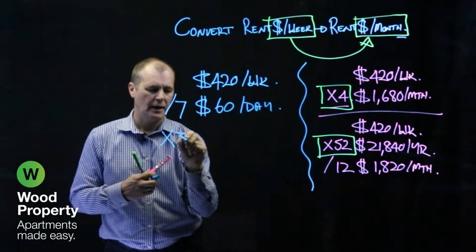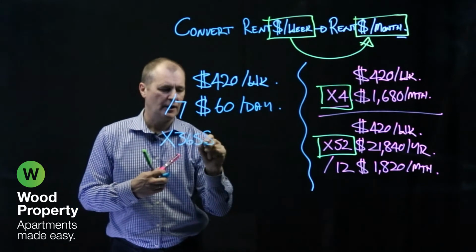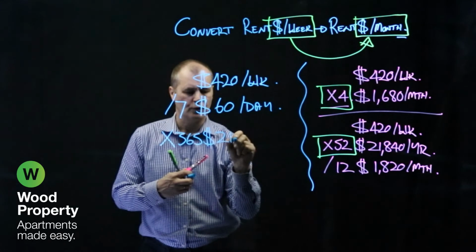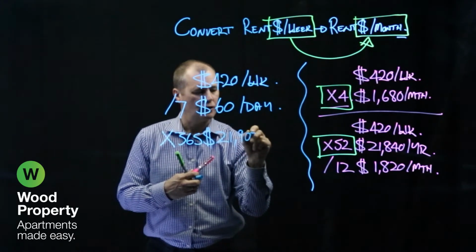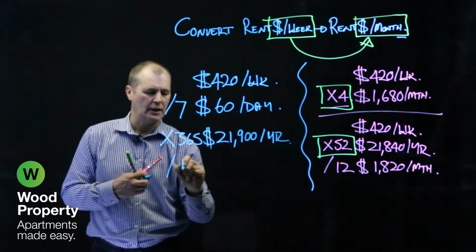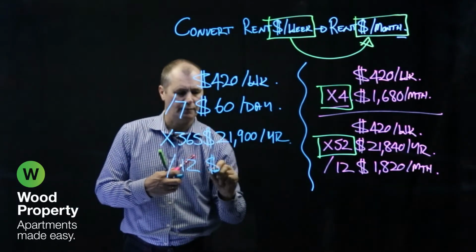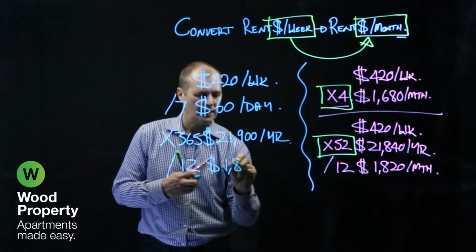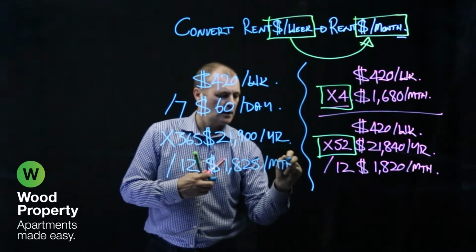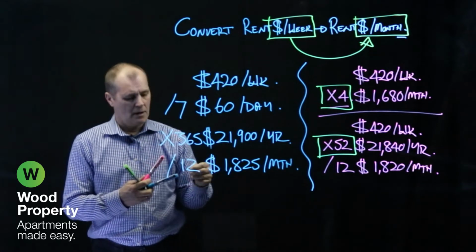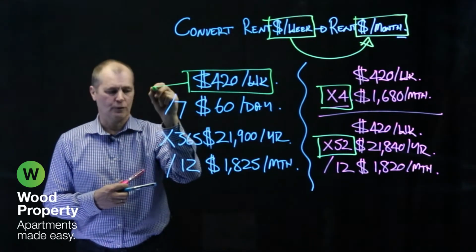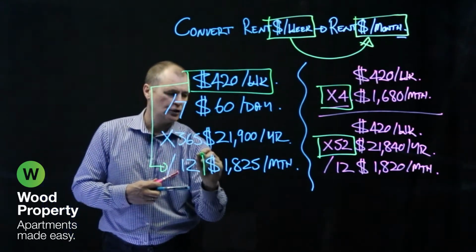We can then multiply that by 365, being the number of days in a year, and again in this example would give you $21,900 per year, and then we can divide it by 12, being 12 months of the year, which equals $1,825 per month.